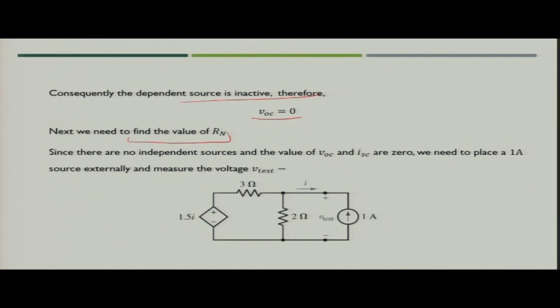Since we do not have any independent source, the value of VOC and ISC is 0. So, to find out the value of Norton's resistance, we just place a 1 ampere source externally and measure the voltage across the terminal.